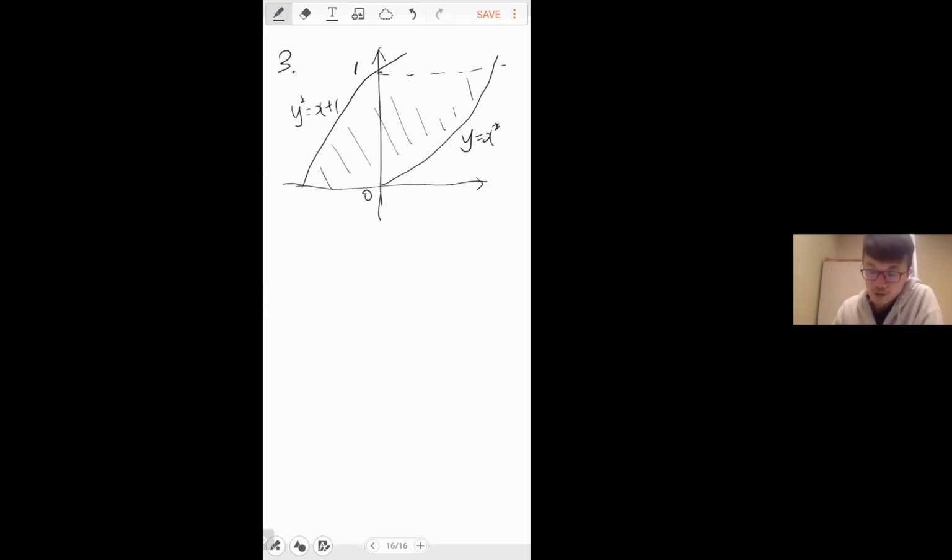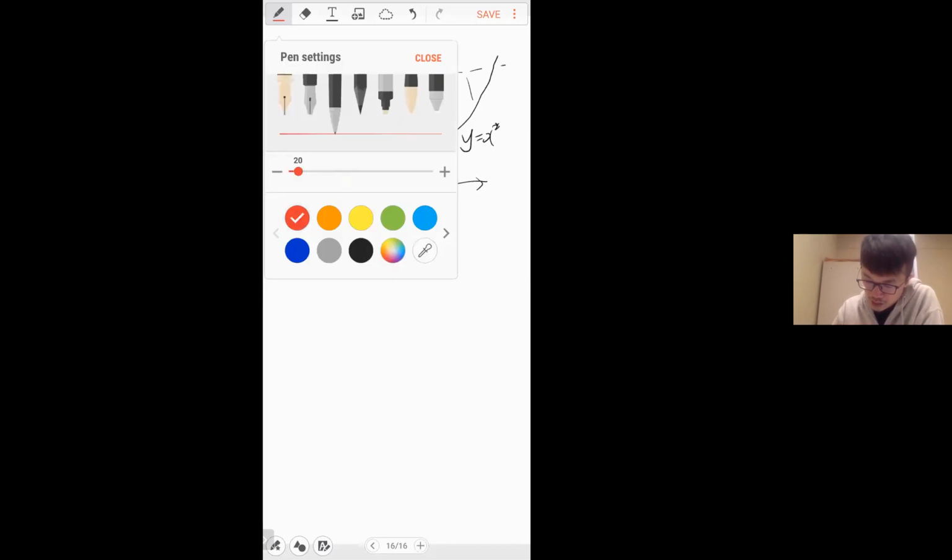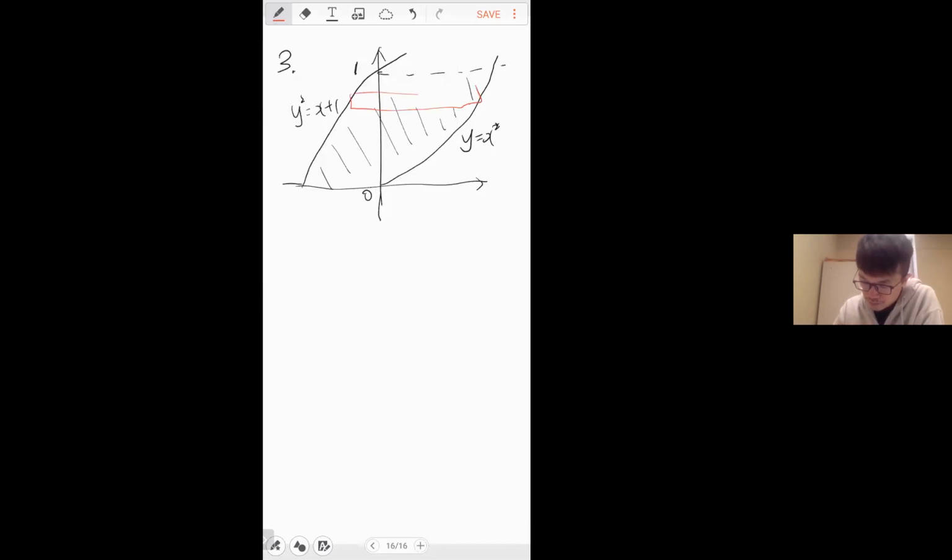you can see right away that if you draw vertical, on the left side, you'll be doing a different function from when you're doing the right side. So in this case, you're doing horizontal. So the integral would be right function minus the left function.